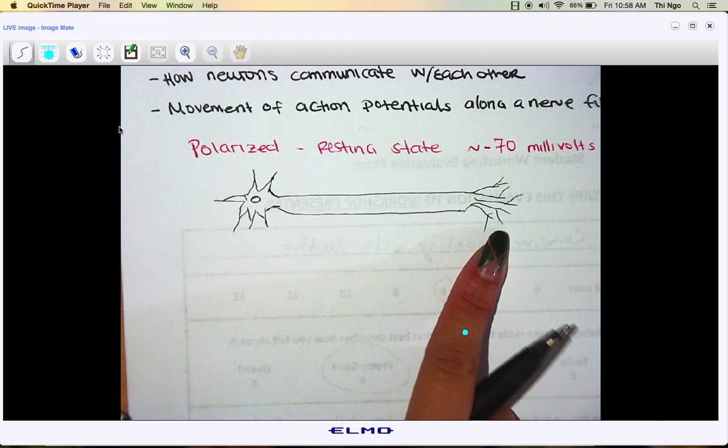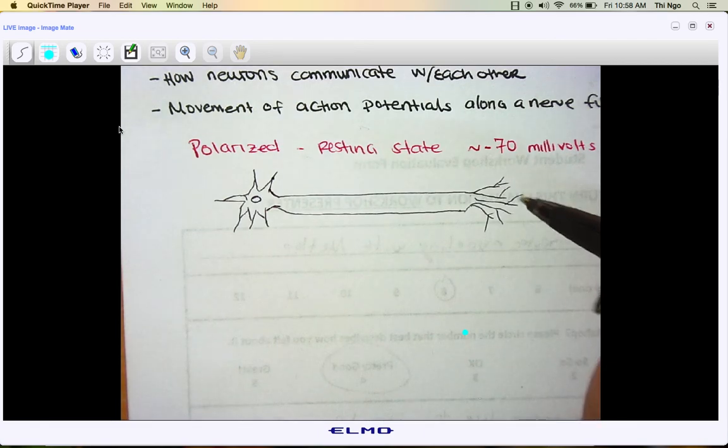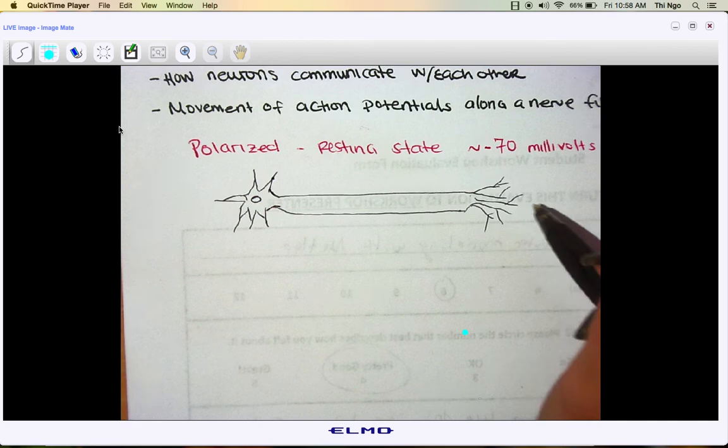Axon terminal. Have you guys heard of the word terminal before? Airport terminal. Let's say you're at terminal B or whatever, the terminal means it's the very end of the airport. So axon terminal would be the very end of your axon. There's multiple terminals, yeah.